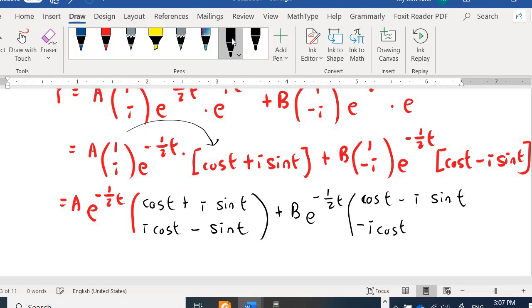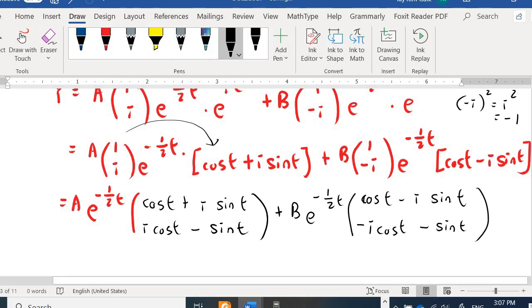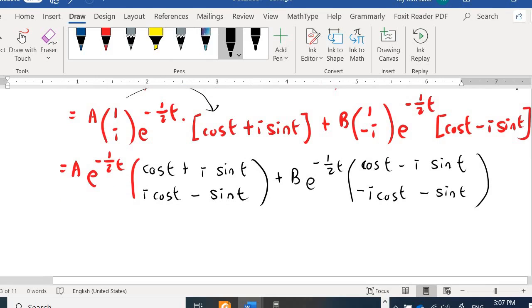Negative i times negative i is i squared, which is negative 1, so you have negative sin t. Let me check it.